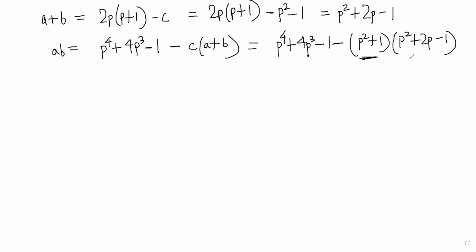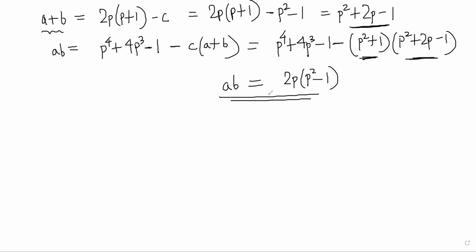This is for c, and this is for a plus b, right? From the previous condition here, right? So once we do this, we can easily simplify this a little bit and realize that this becomes just 2p into p square minus 1, right? So ab is equal to 2p into p square minus 1.